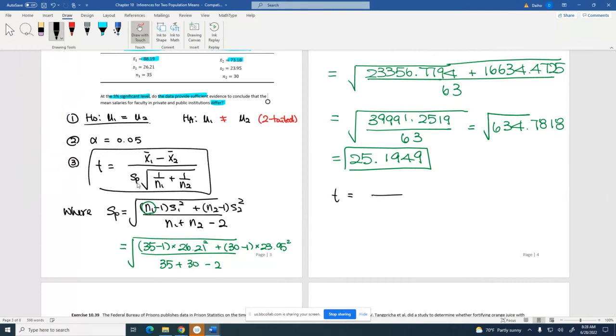For the t test statistic, we have to get the sample mean difference: 88.19 minus 73.18.